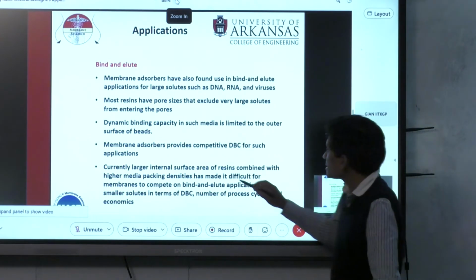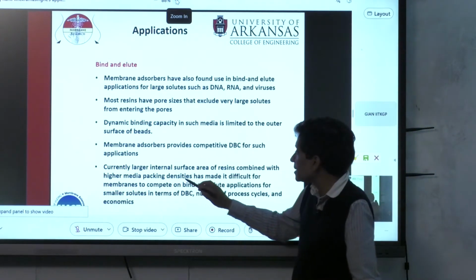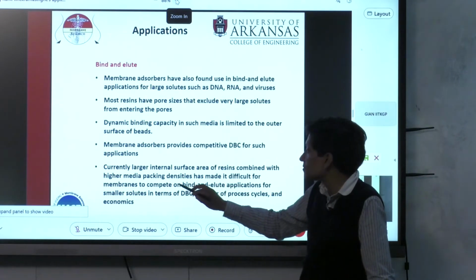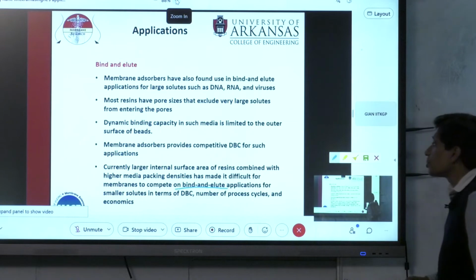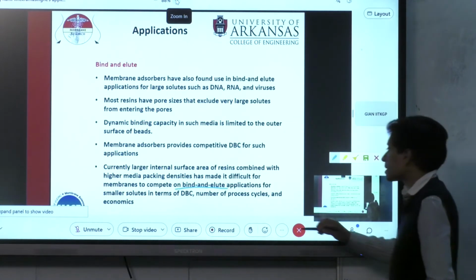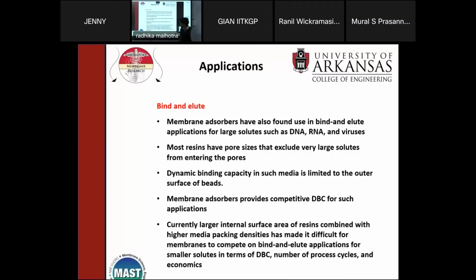Currently, the large internal surface area of resins combined with high media packing densities has made it difficult for membranes to compete on bind and elute applications for small solutes in terms of dynamic binding capacity, number of process cycles, and economics. But for larger solutes and viruses, applications are starting to appear.